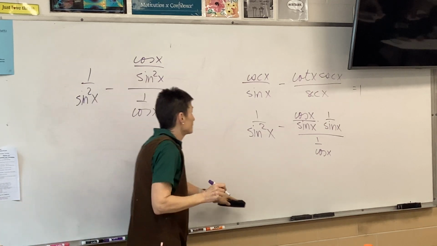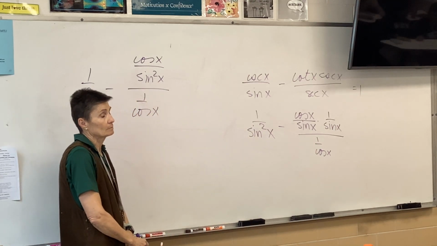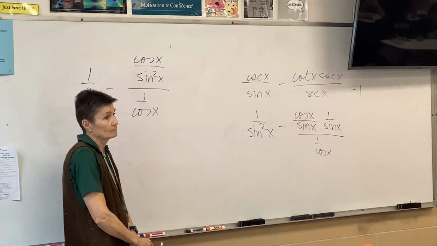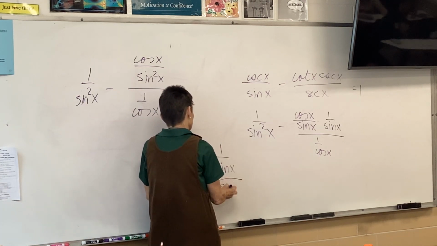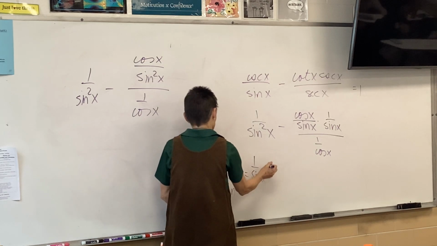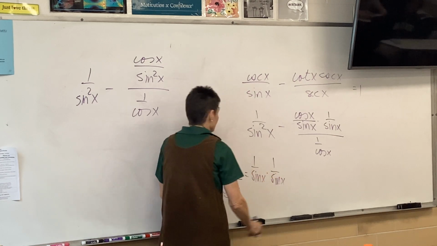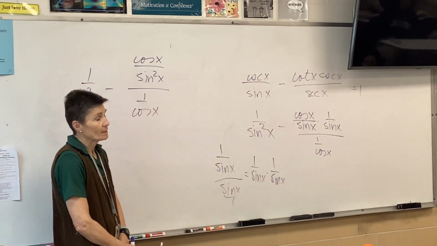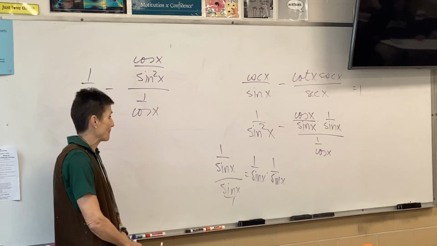Because if cosecant is 1 over sine and then you divide it by sine, you'd be multiplying it by the reciprocal. They don't cancel. Sine cancels with sine. Sine doesn't cancel with cosecant.